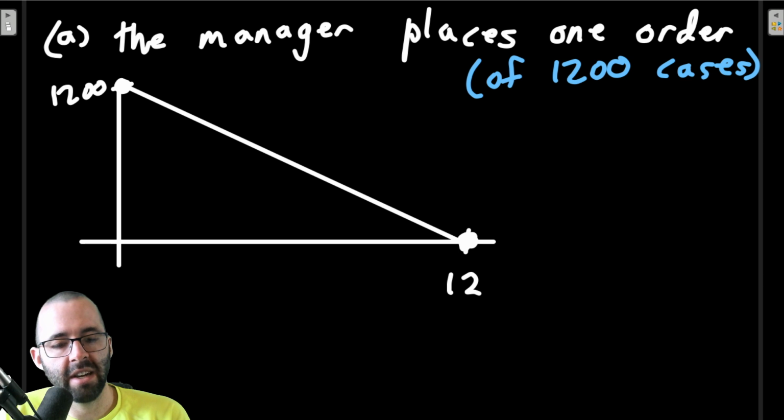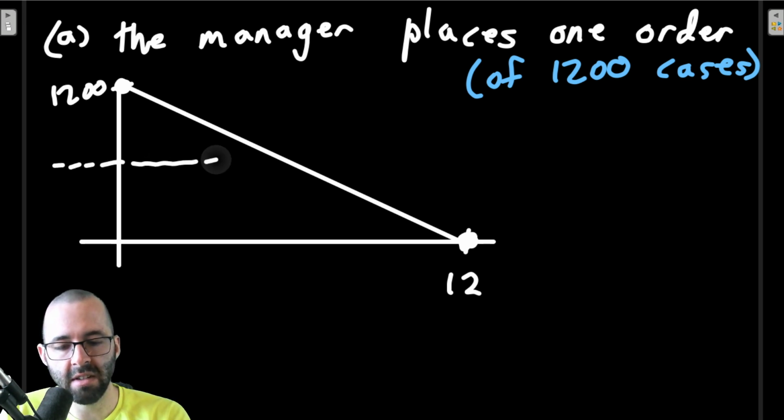So this is what we look like in terms of how many cases of orange juice we have in a given month. So it starts in January, and then it's going to end in December. This is how many months have gone by. So what is the average here? At the beginning, we have 1,200.